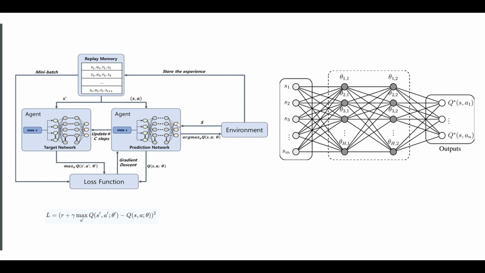Most likely, the action with the higher Q value will be chosen by the agent to take on this environment, right? This action chosen by the agent on this environment will directly bring the reward, that's R1, right? That's R, reward.